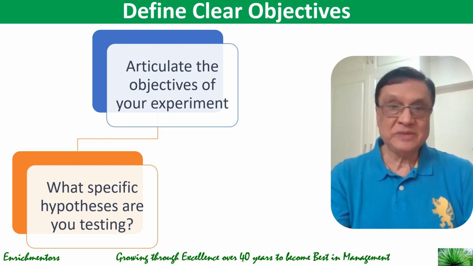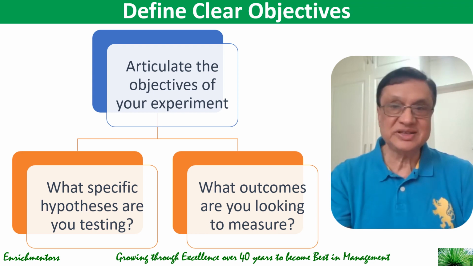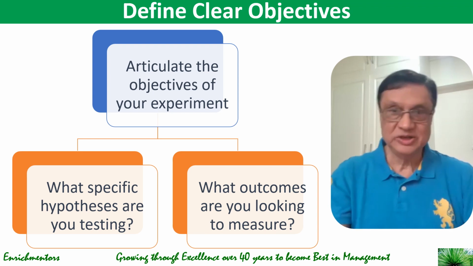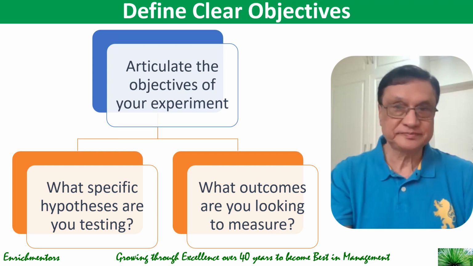And what outcomes are you looking to measure? What are the end results that you want to measure? And based on that, you define the success criteria of your data analytics project, data science project. So two key questions that will define your clear objective.